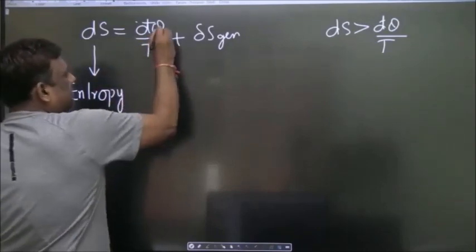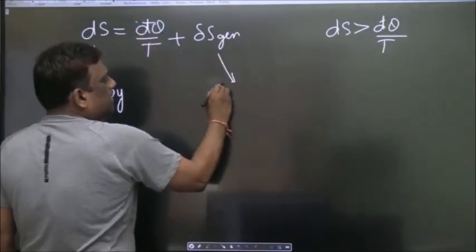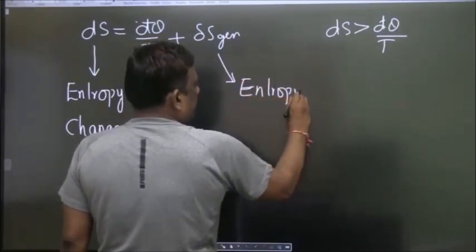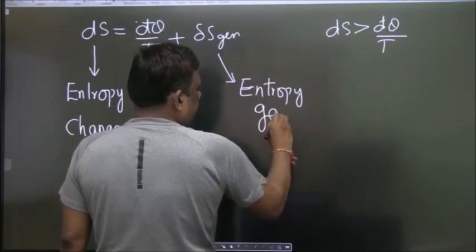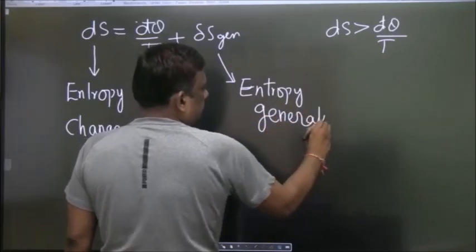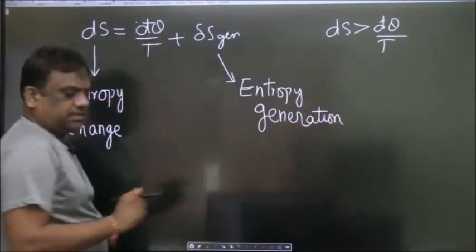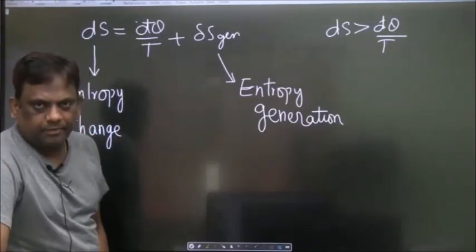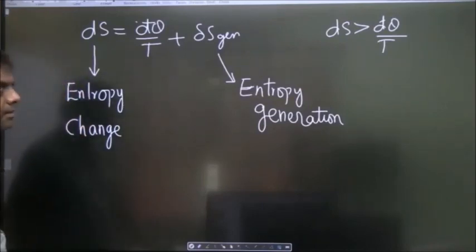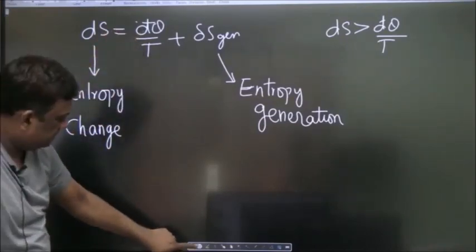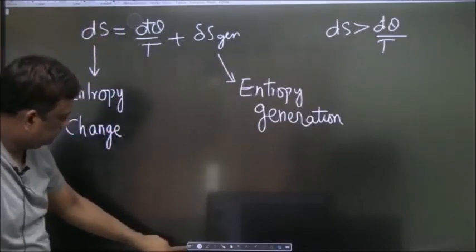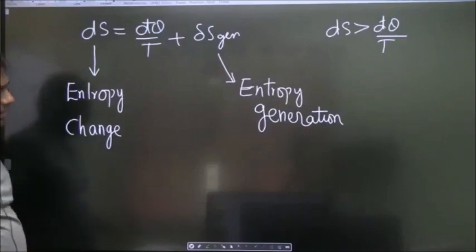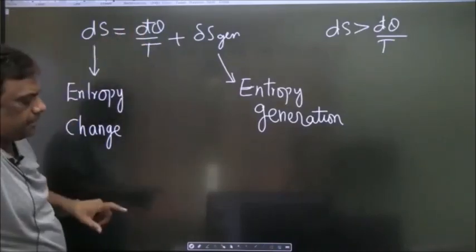Please note down that this is entropy generation or entropy production. This is entropy change or entropy generation. Now, let us see what this term is.